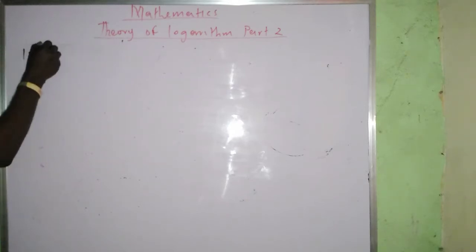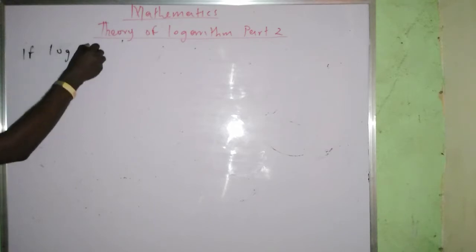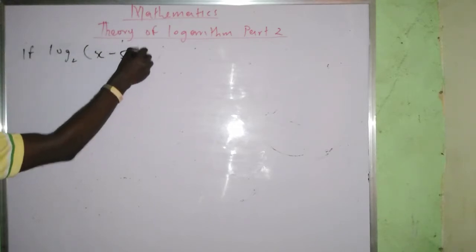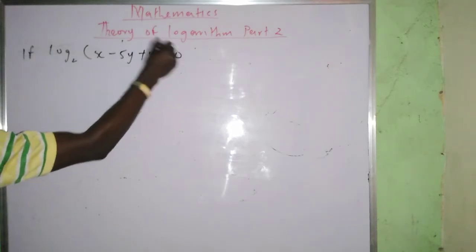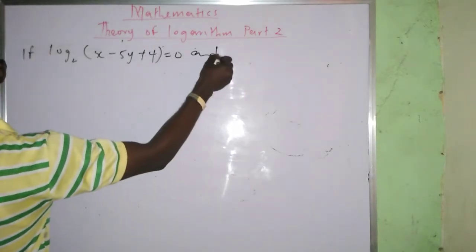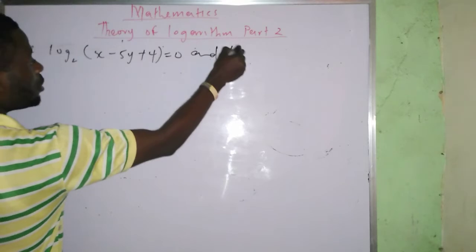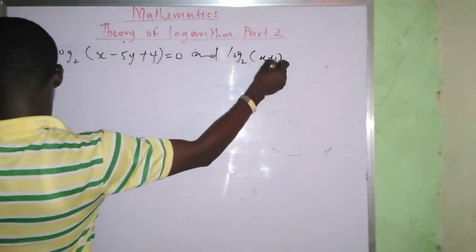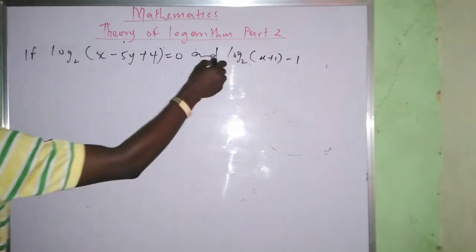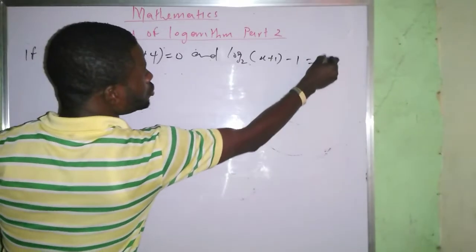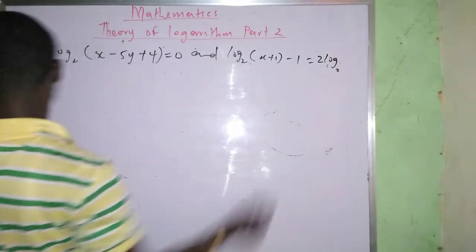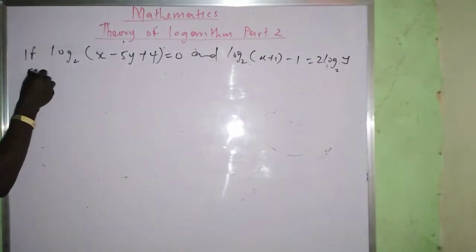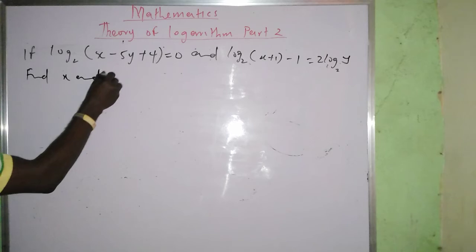Solve the equation: if log base 2 of (x minus 5y plus 4) equals 0, and log base 2 of (x plus y minus 1) equals 2 log base 2 of y, find x and y.